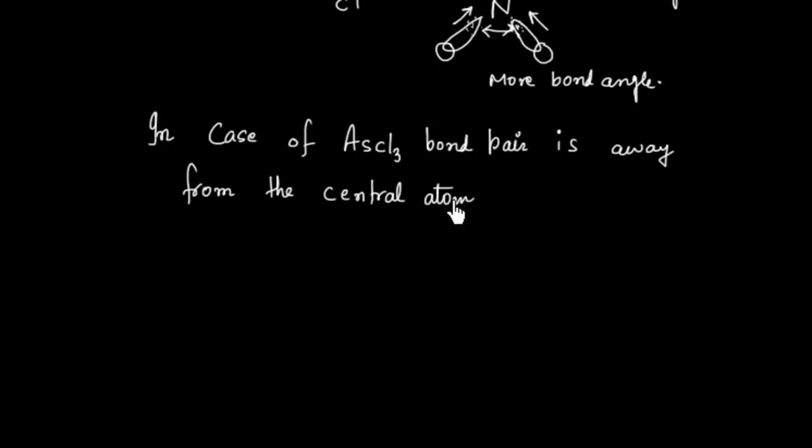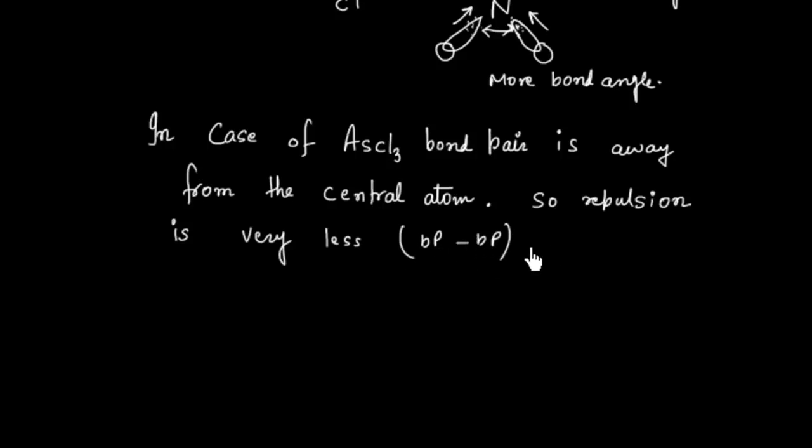So the repulsion is less. Repulsion is very less, and this repulsion is of course between bond pair and bond pair. So the bond angle is very high, so the bond angle is greater, larger.